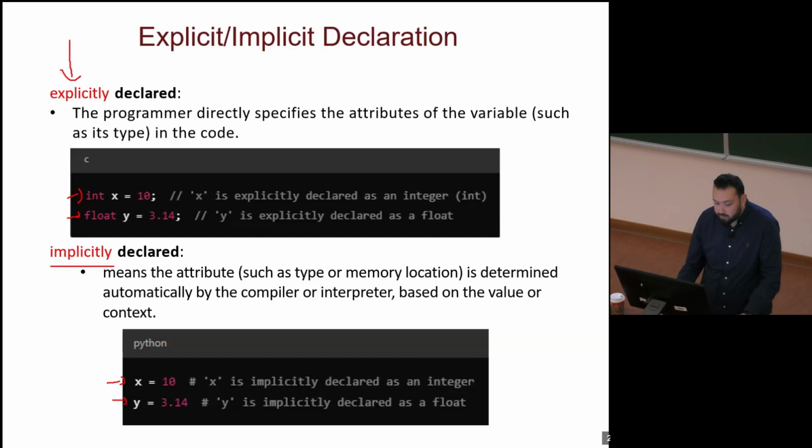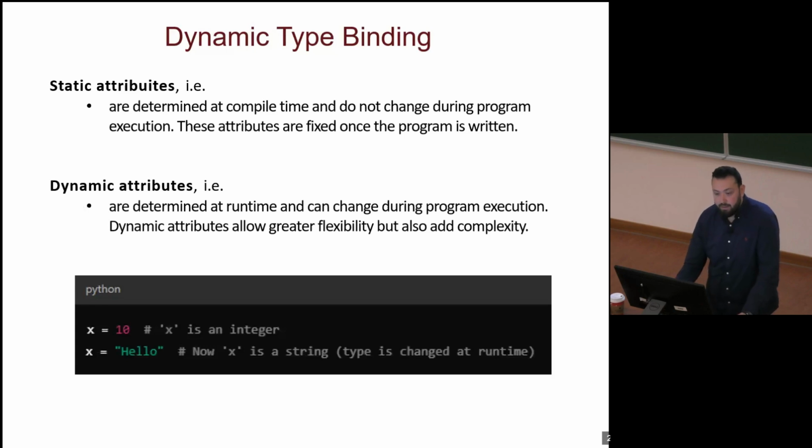So when I say x equal 10, I'm implicitly declaring that x is an int and y is a float. And then we said static and dynamic, but when it comes to type, in this case, Python, is it considered dynamic typing or static? We said dynamic. Correct?